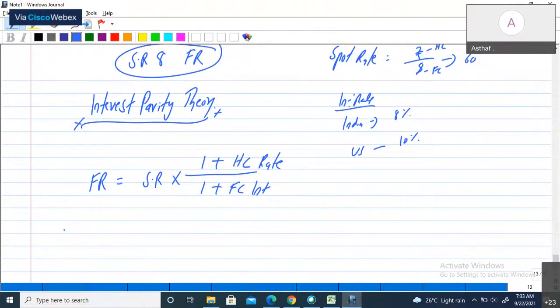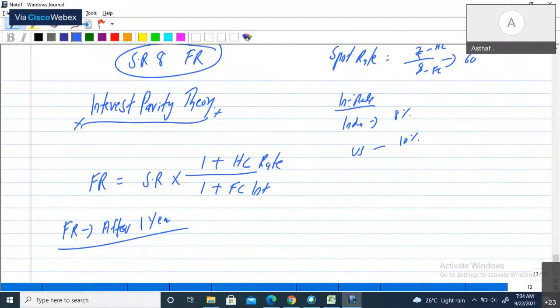We are discussing what is the forward rate after 1 year. I know you are ready, I am also ready. What is the forward rate after 1 year?